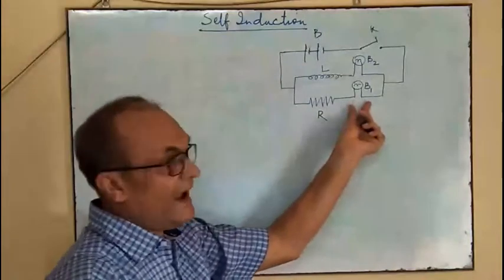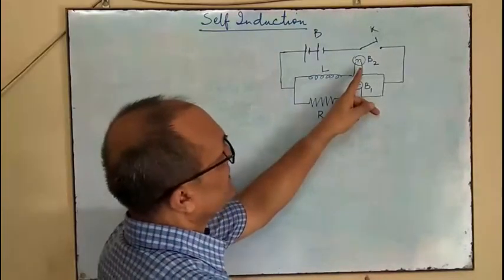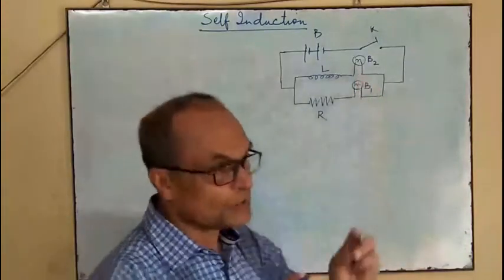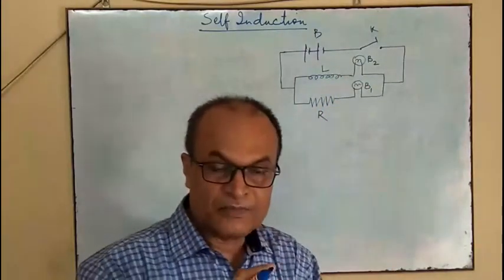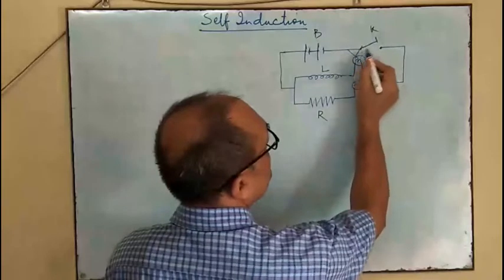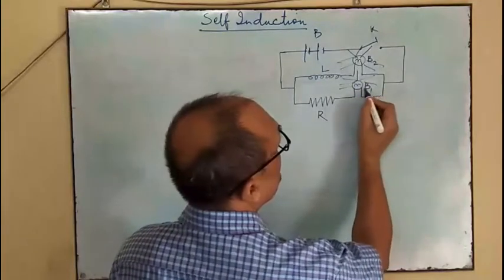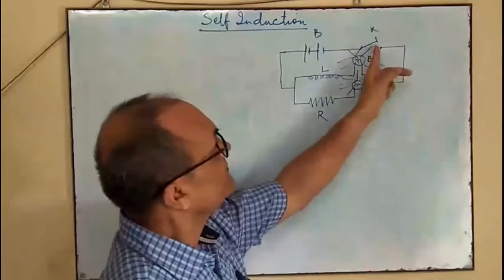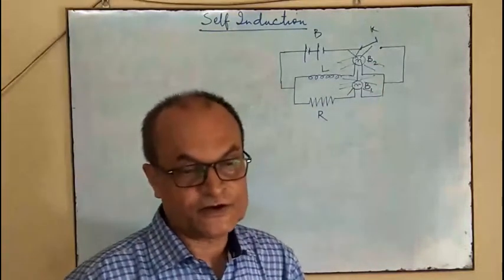It glows as we close the circuit, and we will see that first of all in B2 the glow is increasing, meaning the current flowing through it goes from lower to higher and higher, and ultimately it becomes bright. In bulb B1 the glowing starts immediately when the key is closed, and in the other we find the glowing is delayed.